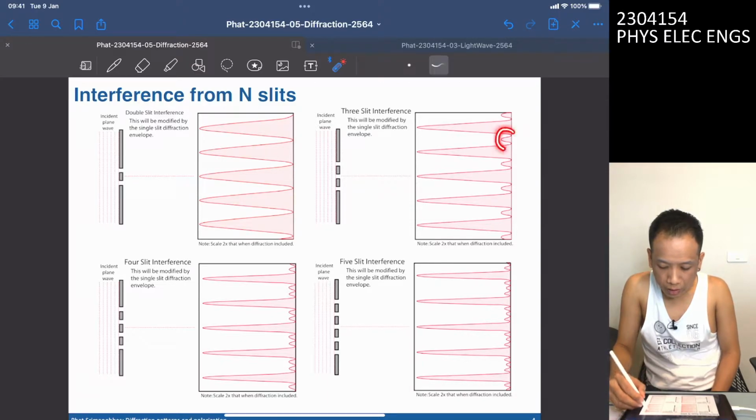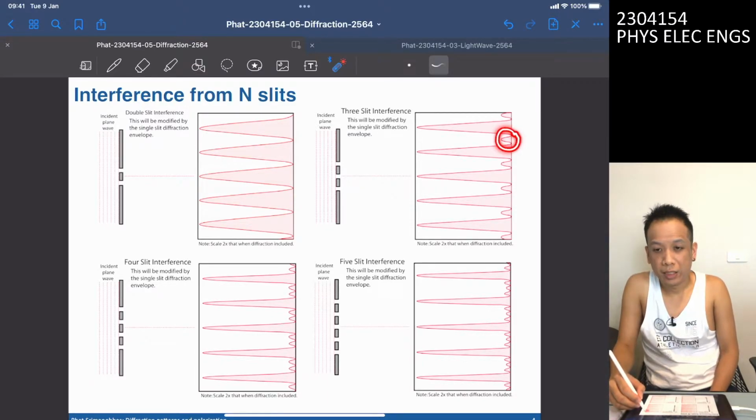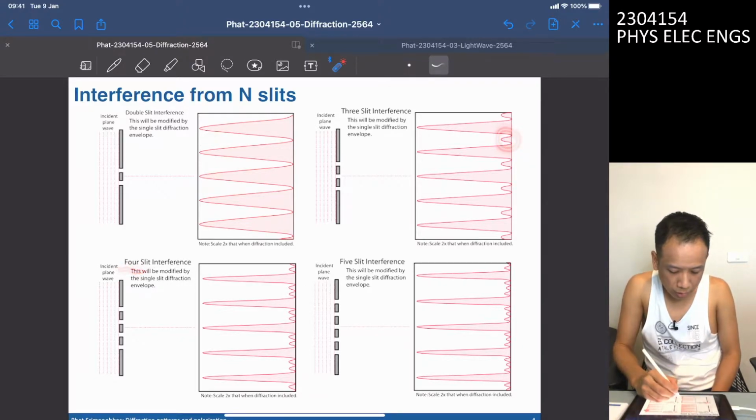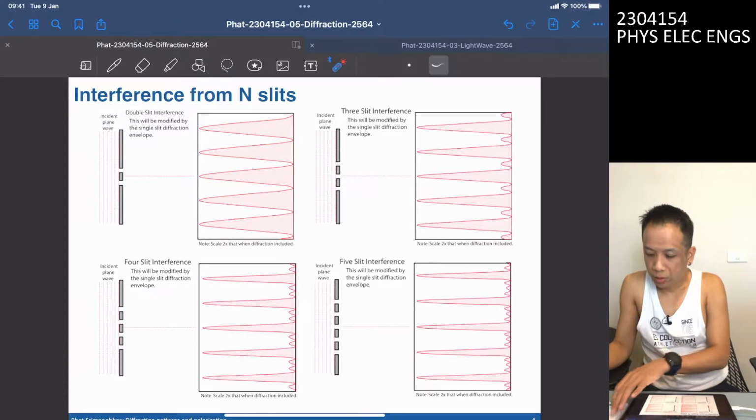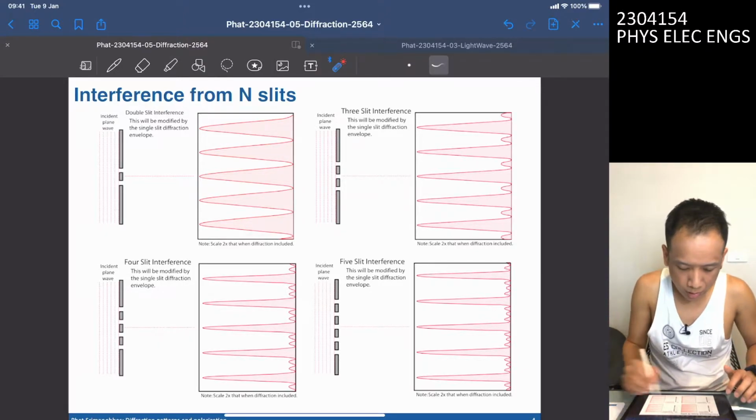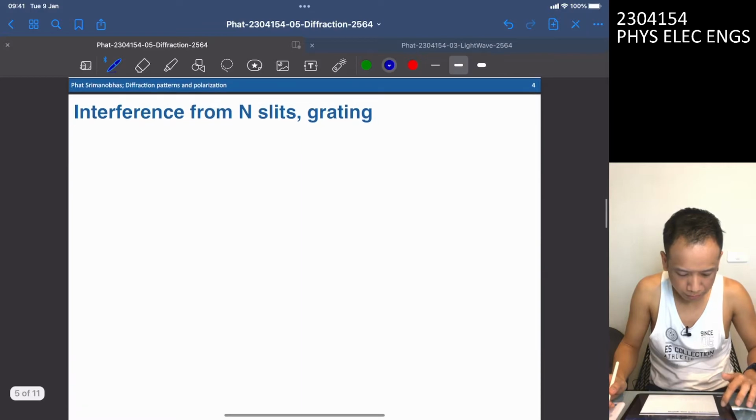When you have 3 slit, you have a little secondary maxima. When you go to 4 slit, you get double. When you go to 5 slit, you get triple, 3 maxima. So this is the behavior of the N slit.